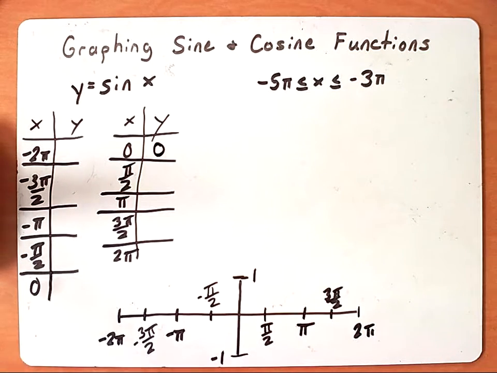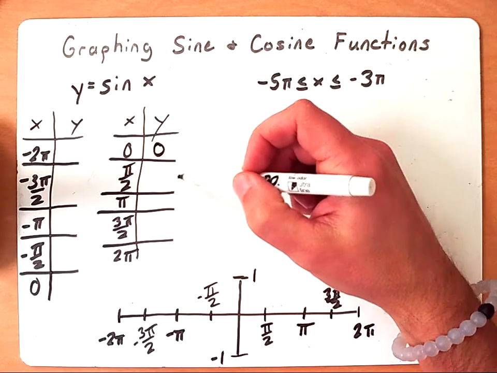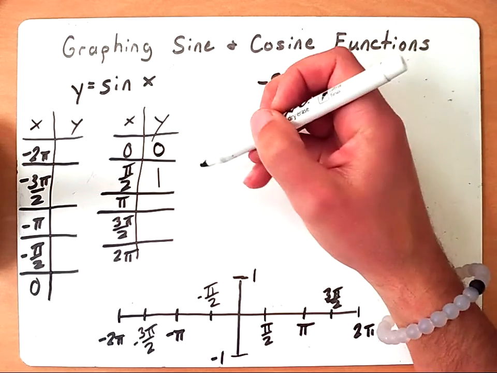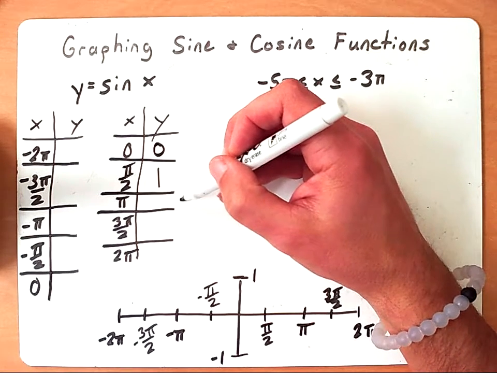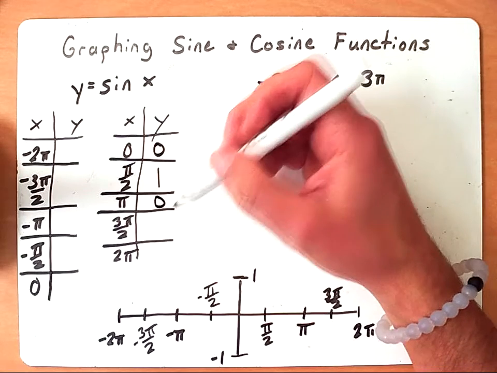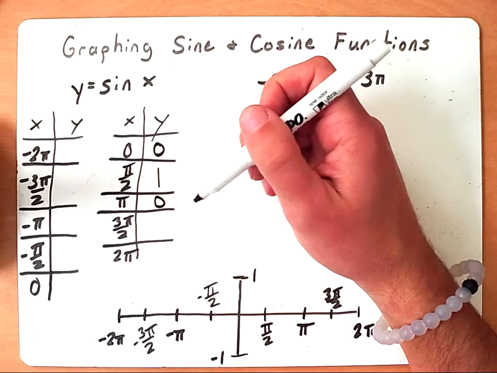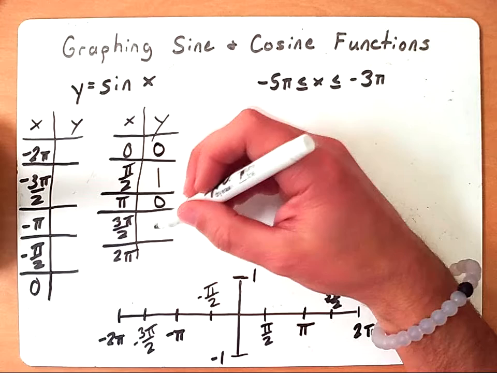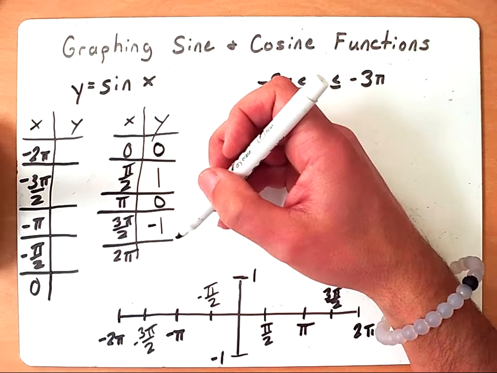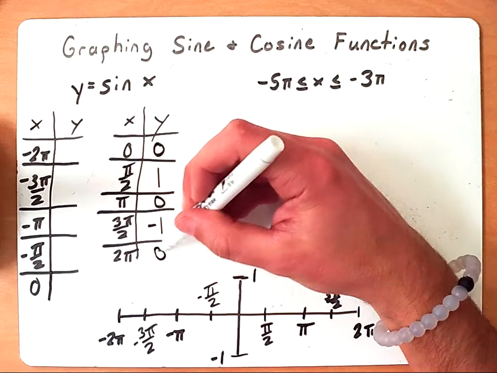Then we'll just work our way around. If we go to pi over 2, which would be 90 degrees, sine equals 1. If we go to 180 degrees, which would be pi, sine once again equals 0. If we go to 3 pi over 2, which would be 270 degrees, sine equals negative 1. And if we went to 2 pi, sine is back at 0.